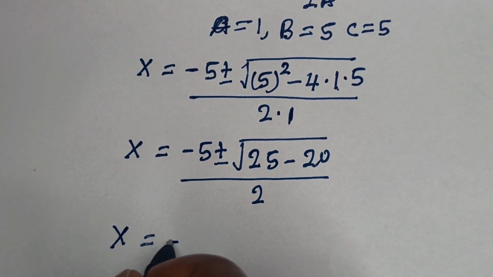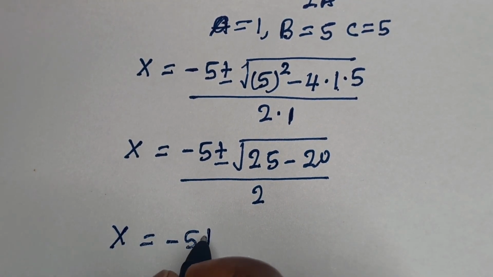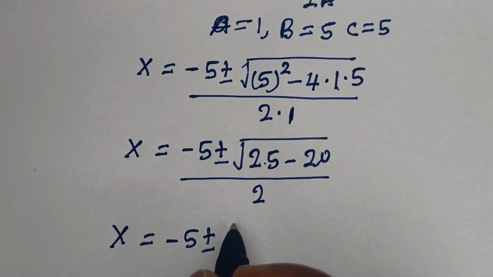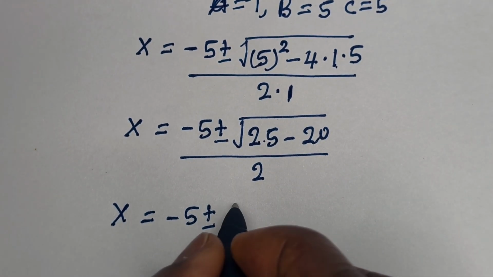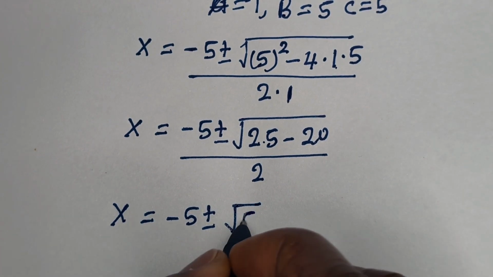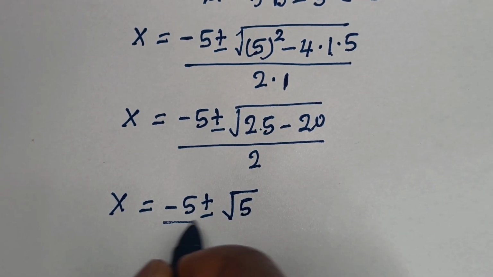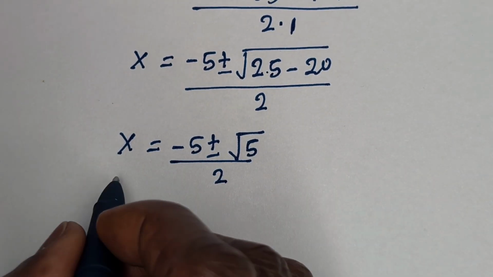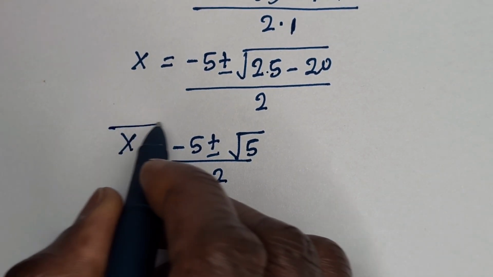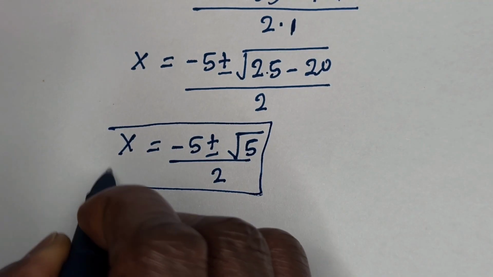This is square root of 5 over 2. These are other values of s.